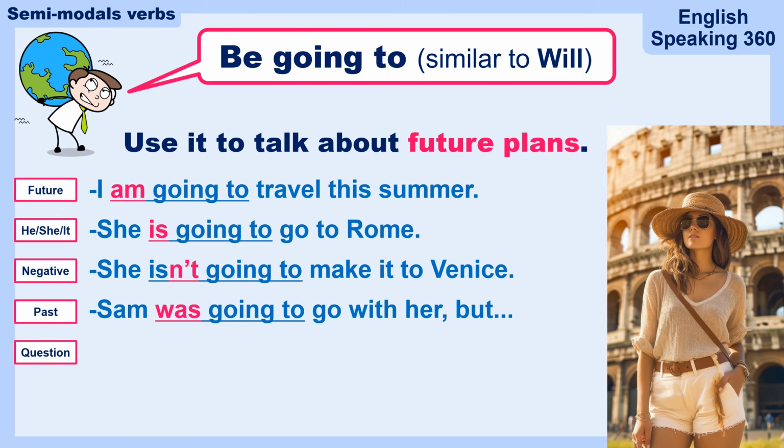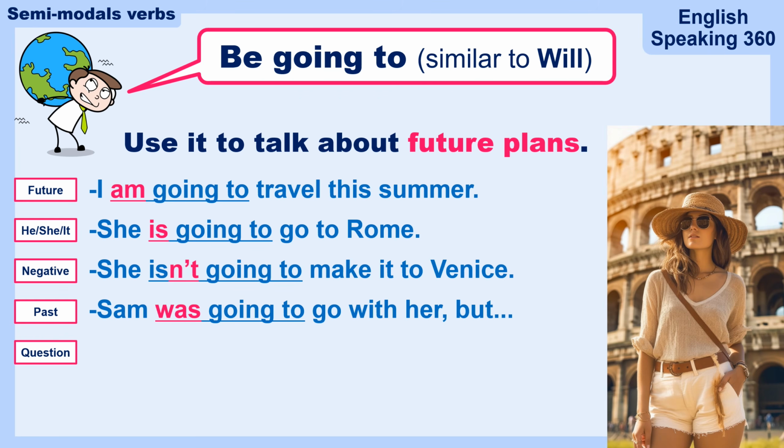Sam was going to go with her, but he didn't have enough money. Sam was going to. It's a past future or a future in the past. He had plans to go with her, but his plans have changed. So Sam was going to go with her.